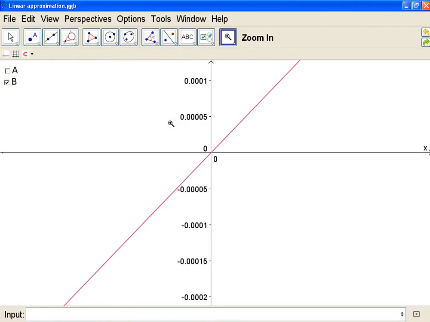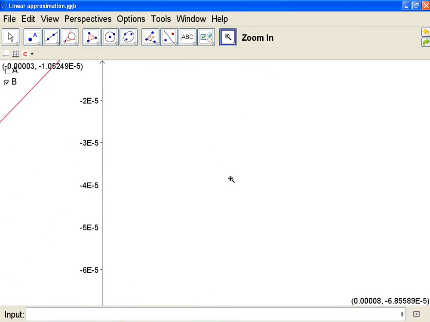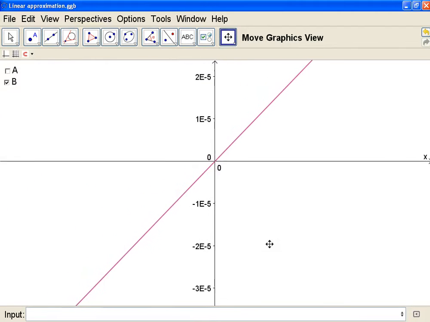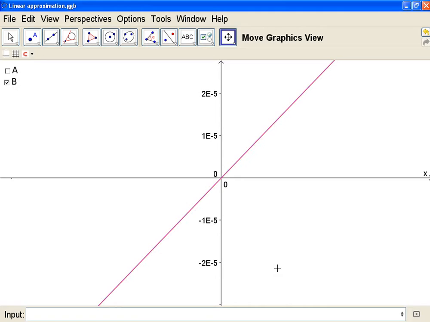Just believe me when I say that I tried to zoom in and even in this window to see the two functions separate to a degree that we can see how far off they are, and you saw this program get messed up before, and it gets messed up before it ever shows how far apart these are. So they're really, really close to each other.